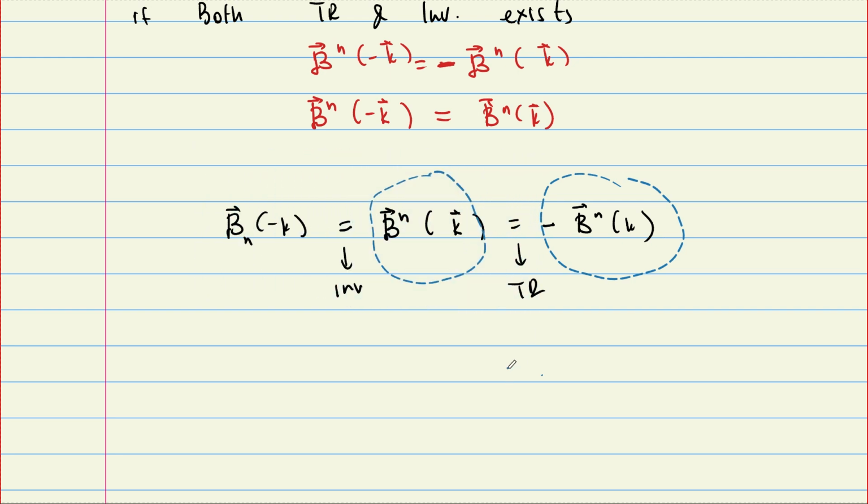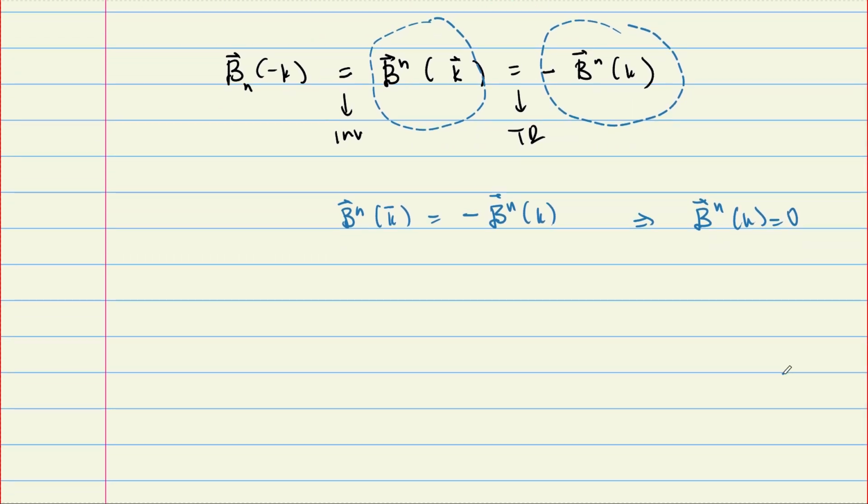Okay, now I compare not that but this. These two are going to give me Bn of k is equal to minus Bn of k. That means what? If something is equal to minus of itself, that means Bn of k is equal to 0.